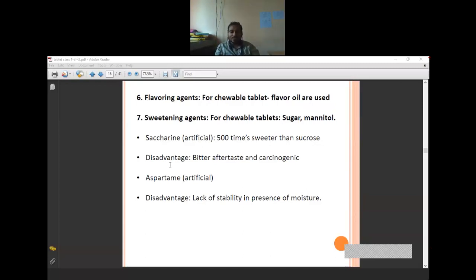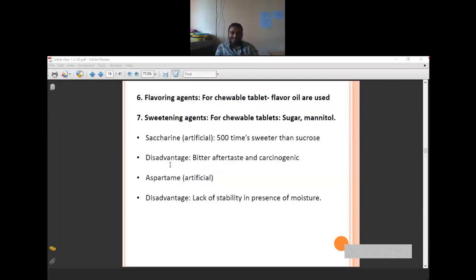These flavoring agents give you the particular taste of the tablet or the particular thing. When you take a lozenge that feels like kacha aam, do you think there is any contribution of kacha aam in that lozenge or toffee? No, it is only colors and flavors. When you take a vitamin C tablet, you feel like you are taking orange in your mouth.